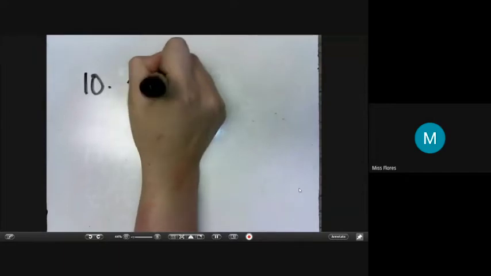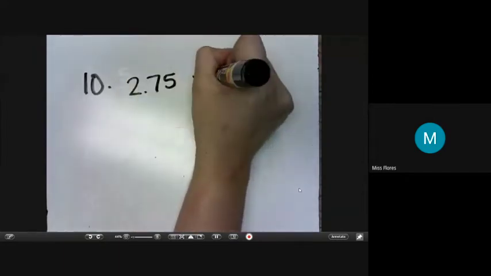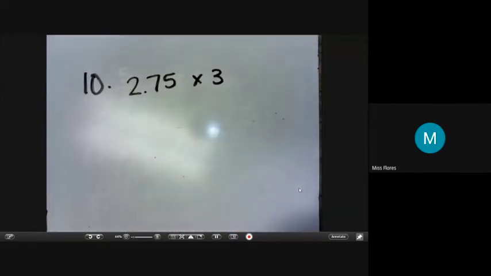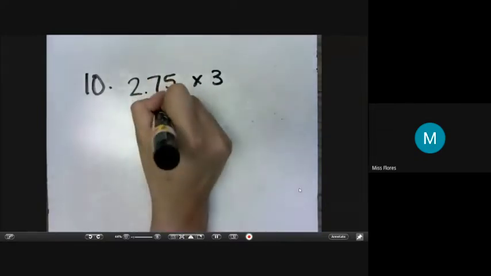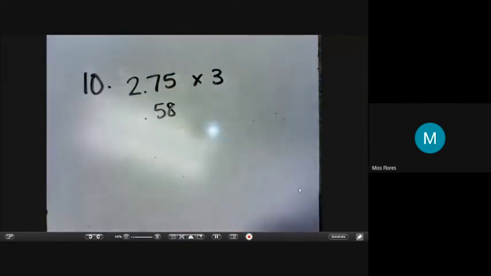Right, and it says Kaya bought 3 scarves priced at $2.75 each. Okay. The tax was 58 cents. How much did she pay for the scarves? It says write a formula to solve the problem.